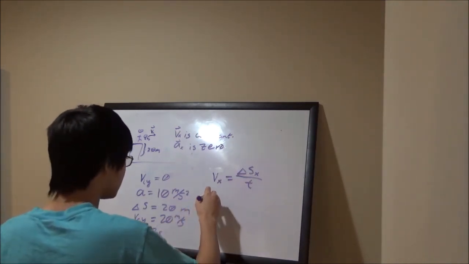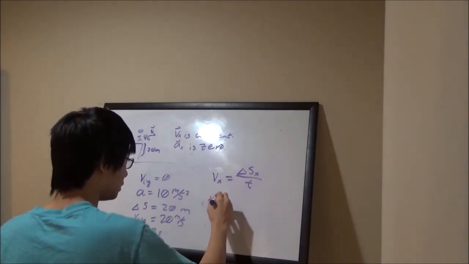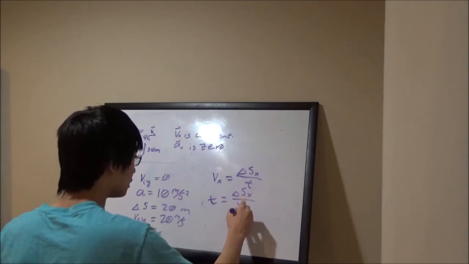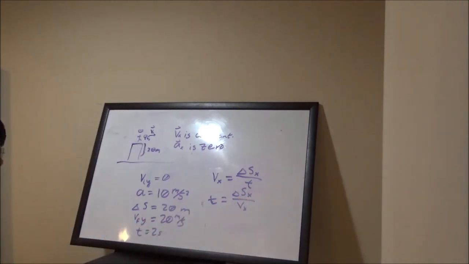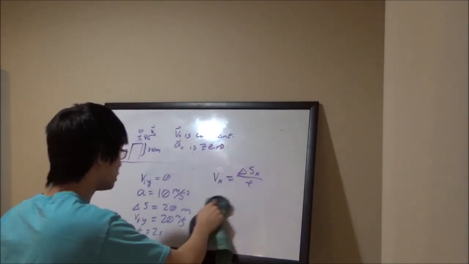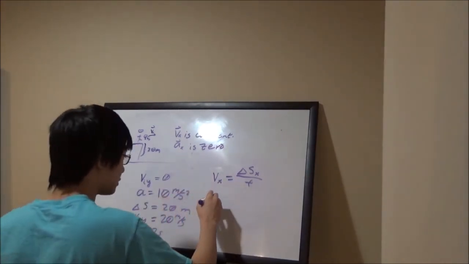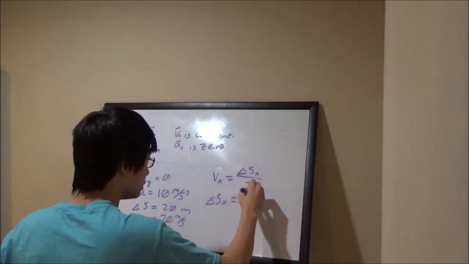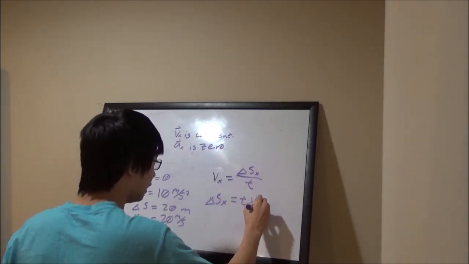So that means t is equal to delta Sx over Vx. Oh no, we want to solve for our change in displacement, sorry. So that means our displacement, our change in position, is equal to t multiplied by Vx, our initial horizontal velocity.